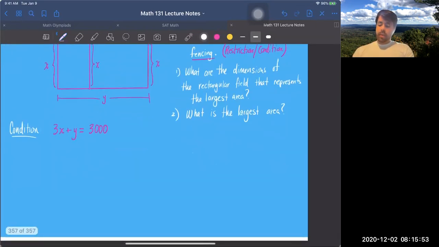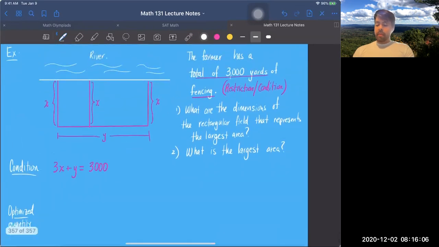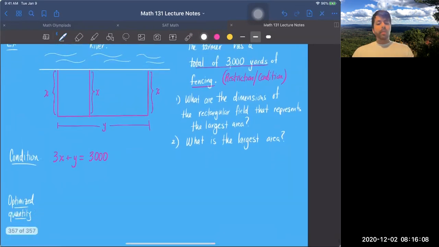And then what's the optimization? What is the optimized quantity? What do I want to optimize? I want to find the largest area.